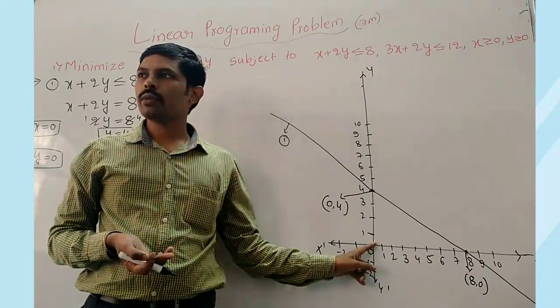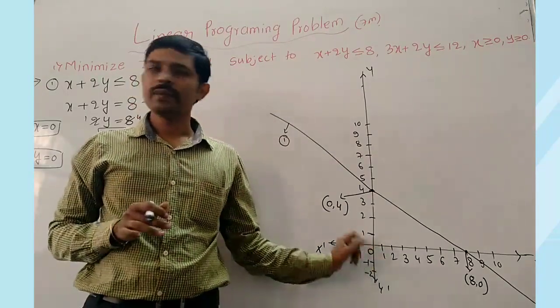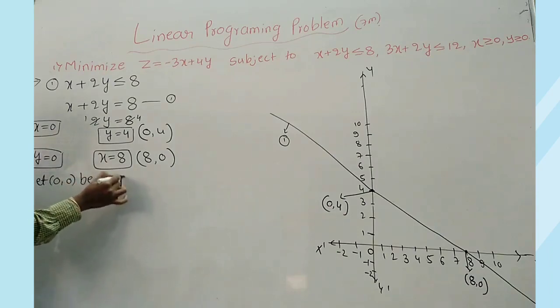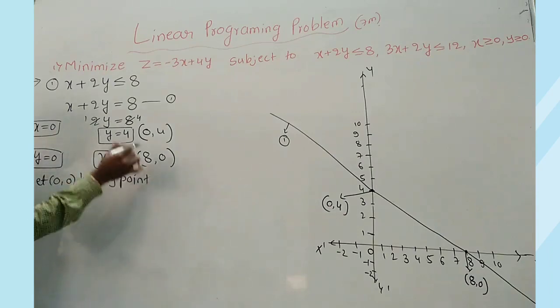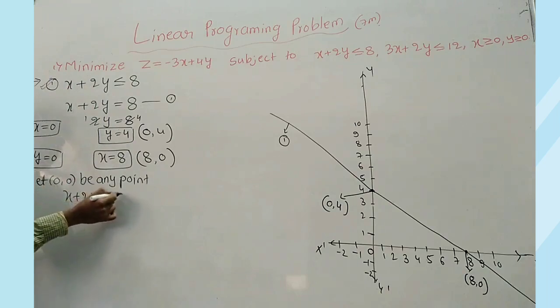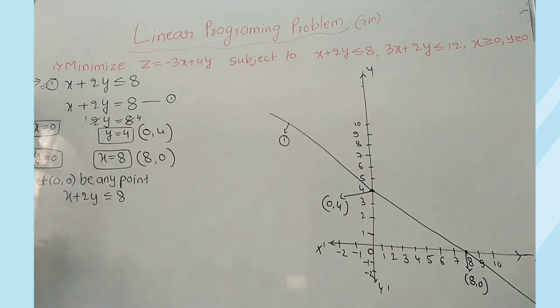We will take 0, 0 because it is not on the boundary. Let 0, 0 be any point. Substitute it in the original inequality, don't substitute in the equation. So x plus 2y less than or equal to 8. Substitute x equals 0, y equals 0. Then this term is 0.